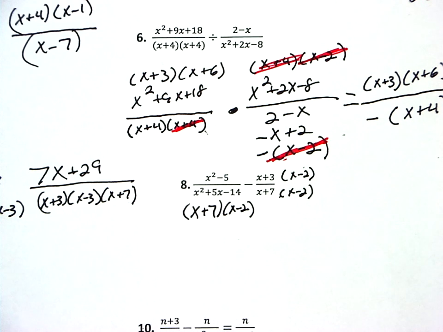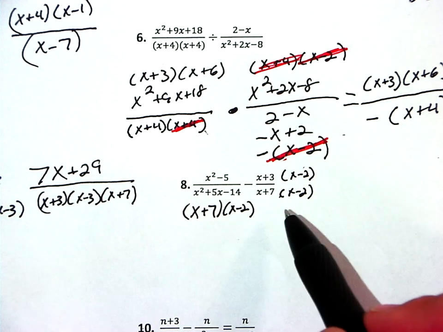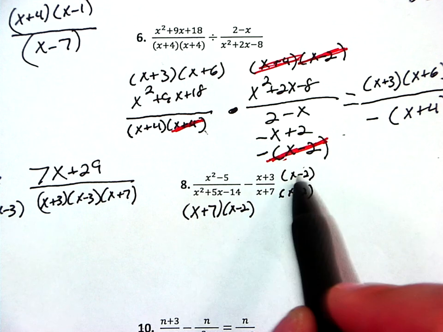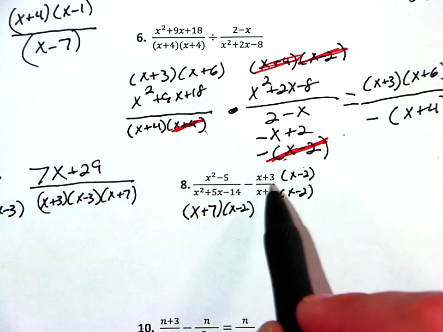All right, what do we have to do now? I already have an x plus 7, so I don't need another one. Well, we are going to subtract, but what should I do with the numbers on top before we subtract? Multiply them.